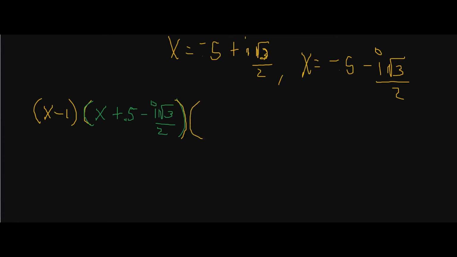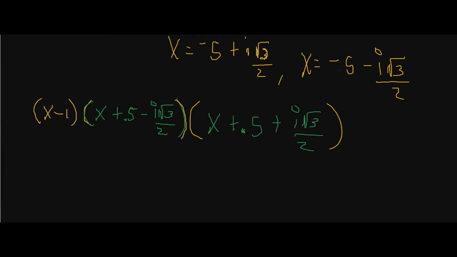We're going to get x. This is a negative 0.5, so that's going to be plus 0.5. And this is minus i square root of 3 over 2, so there's going to be plus i square root of 3 over 2.